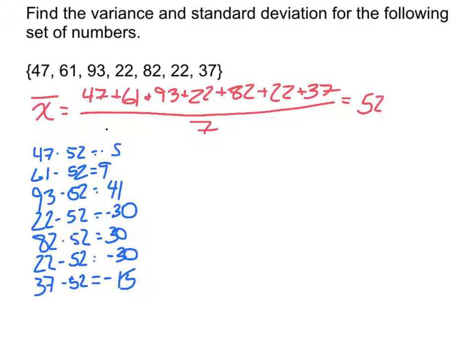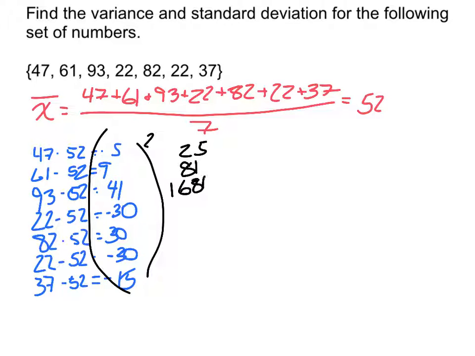Now we take all of these numbers right here, and we square them. So negative 5 squared, 9 squared, 41 squared, negative 30 squared, positive 30 squared, negative 30 squared, and negative 15 squared. Then we add all these together and find their mean.